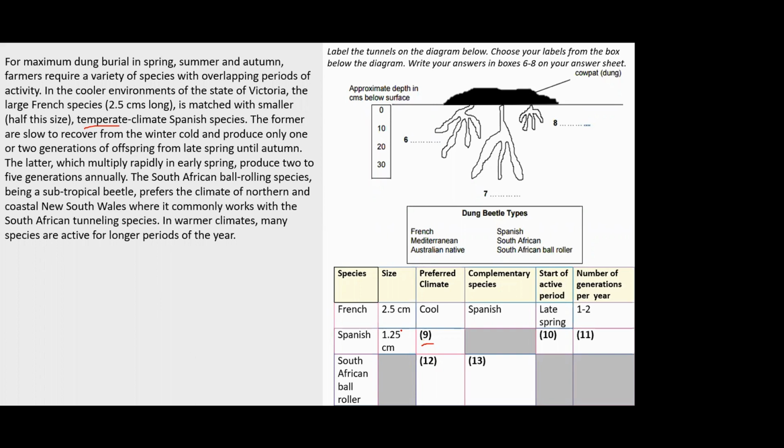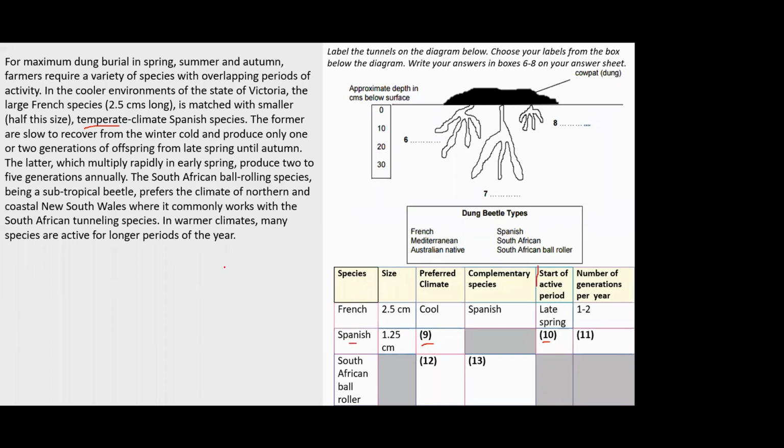So if we write temperate climate, it'd be a little bit of a gray area. They might be generous, but they would probably mark it wrong if you wrote temperate climate.